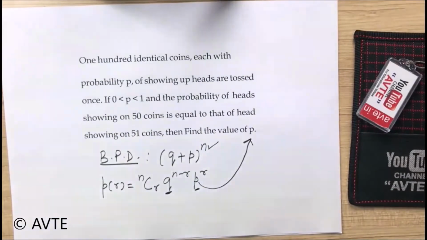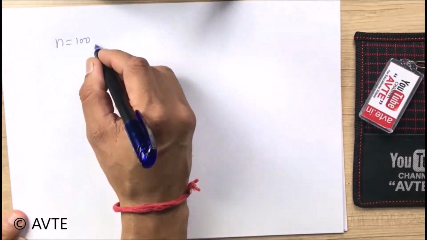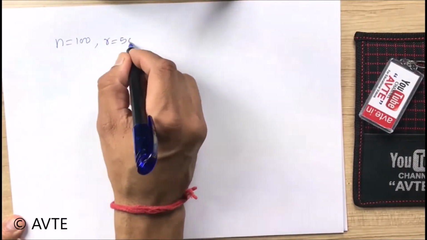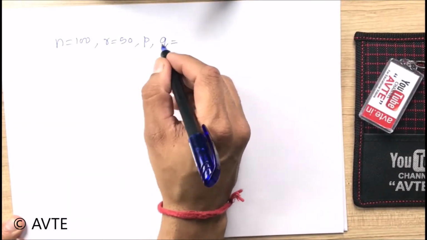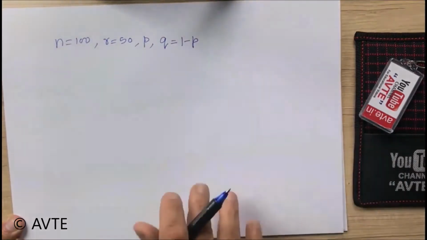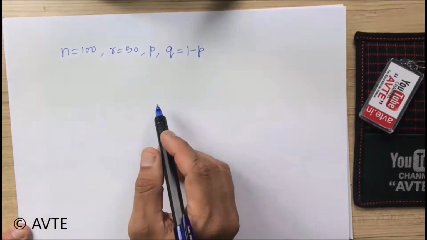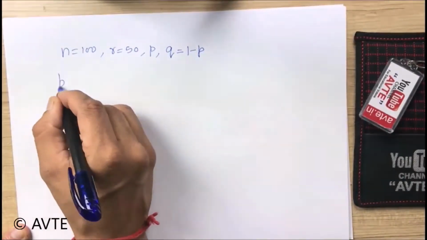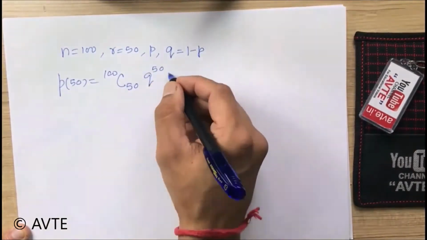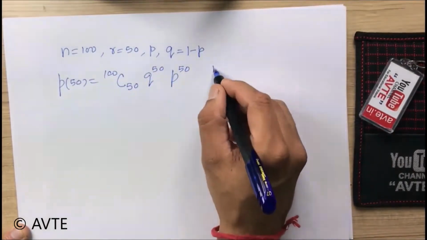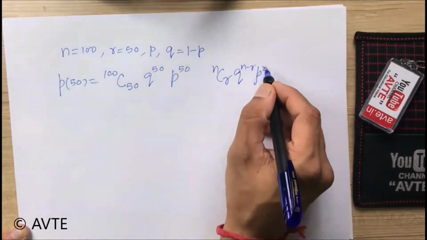So let's begin. We all know that n is 100, and in one case r is 50, P remains the same, and Q is either Q, or later we can take that as 1 minus P, because the target is to find the value of P. Using nCr, Q raised to power n minus r, P raised to power r.